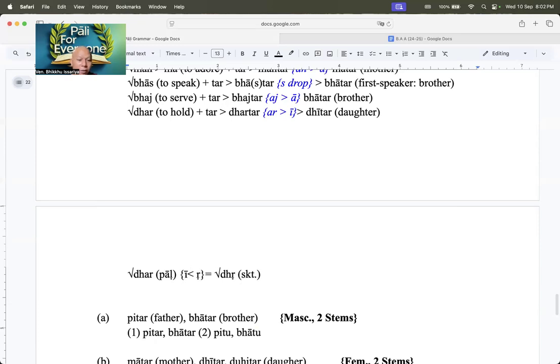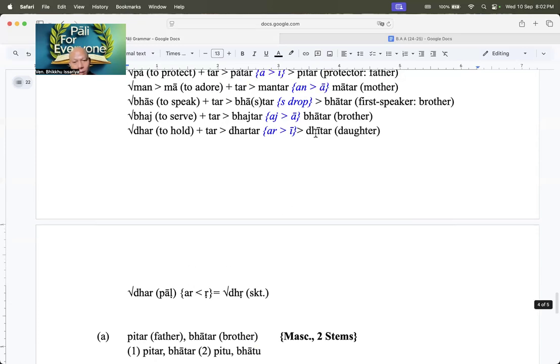In the root, actually, you see the r, but in the noun form, that r appears as the i, and then later becomes long i. So dhita, the daughter, in this way.